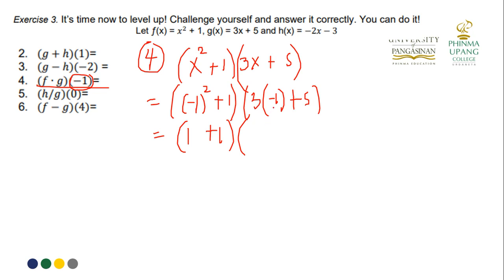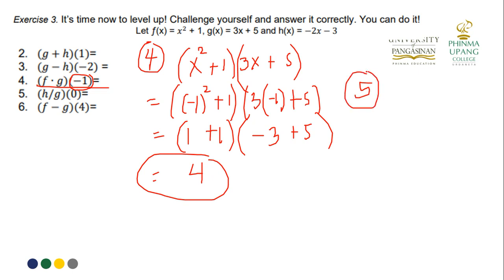So, what is 3 times negative 1? Negative 3. Plus negative 3, plus 5. Negative 2. Tama. So, what is the answer in number 4? 4. Yes, sir. Okay. Double check nyo, baka may na-overlook ako.